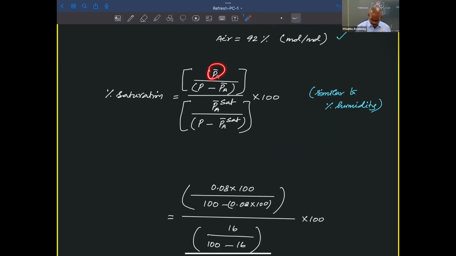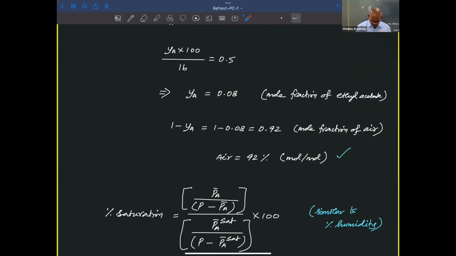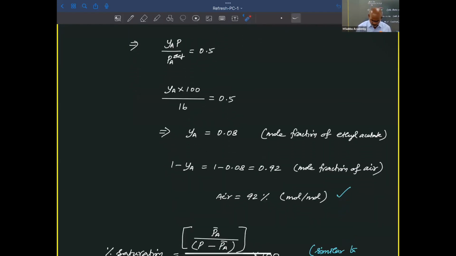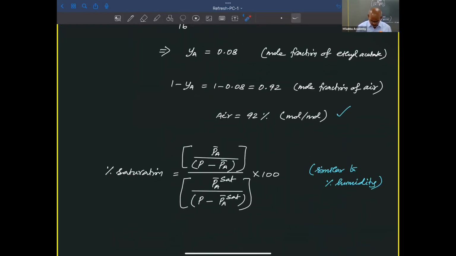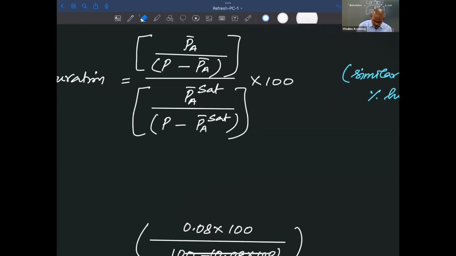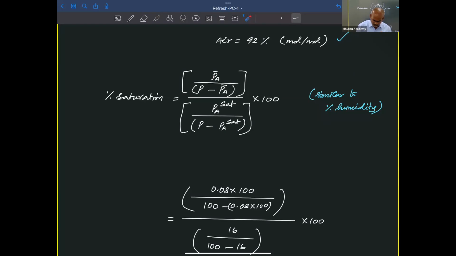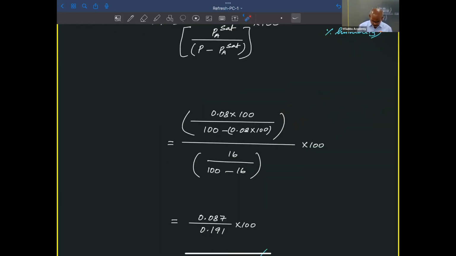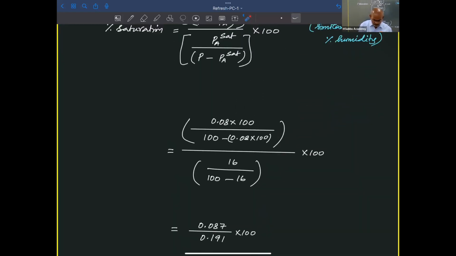Okay, we are given this PA bar, which is YA into P, which is simply 0.08 into P. So from that, the denominator is the saturation pressure, which is written as PA, not bar. The bar we won't have for saturation. Actually, we can simply say PA also, but since many times we use partial pressure as bar, we'll use this PA bar. PA bar refers to YA into P. Okay, that's it. So from that we are now going to get percentage saturation.